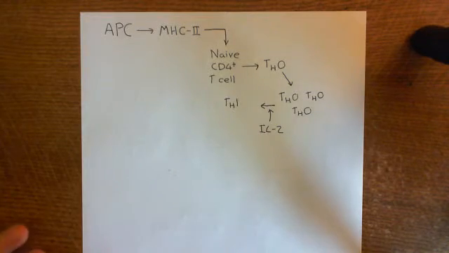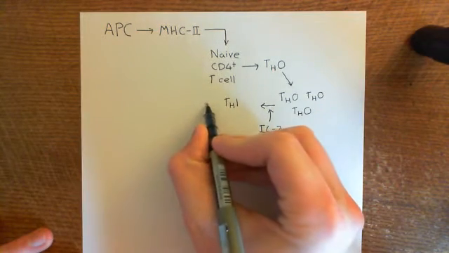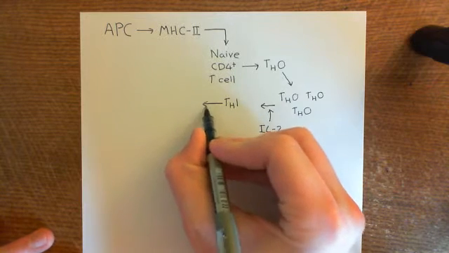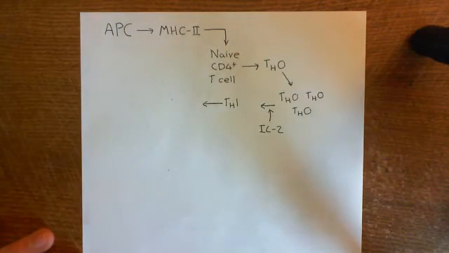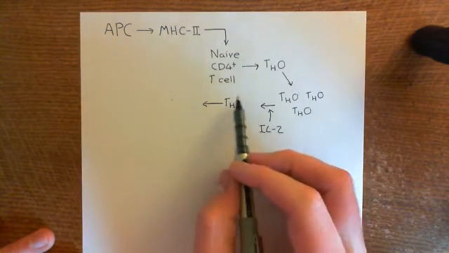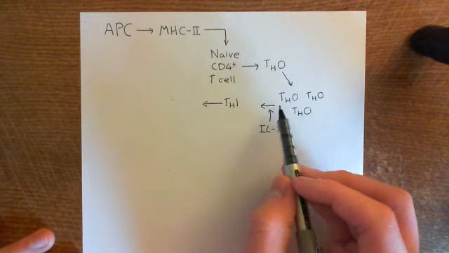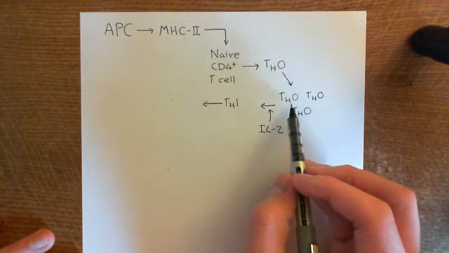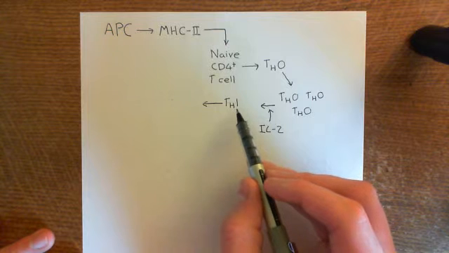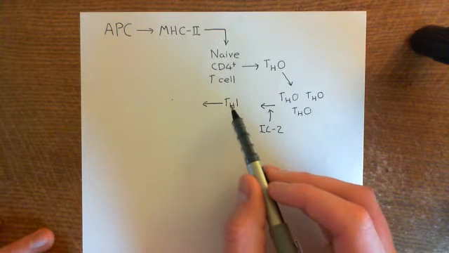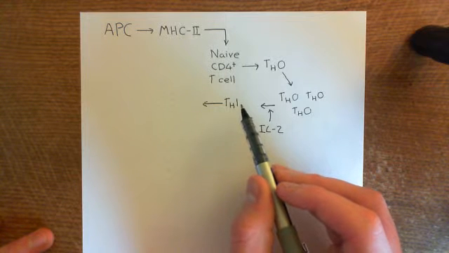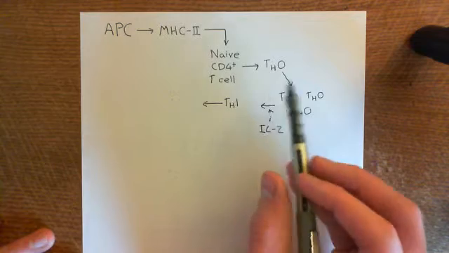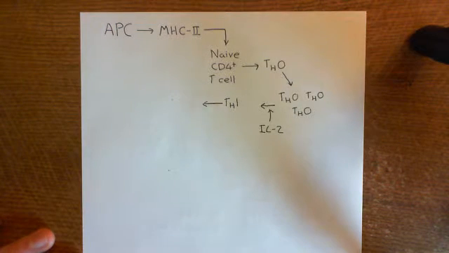Okay, so then what's going to happen is these T helper 1 cells are going to start chucking out interferon gamma. Well, actually, let me just put in another step, because this is going to be important for what we're about to discuss, which is tertiary lymphoid organogenesis. So these T helper 0 cells differentiate into T helper 1 cells, so you're producing loads and loads of T helper 1 cells, all of which have this T cell receptor which is armed against the antigen fragment from this intracellular phagosomal pathogen.